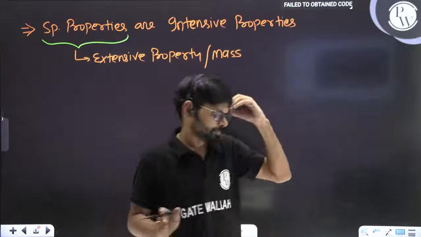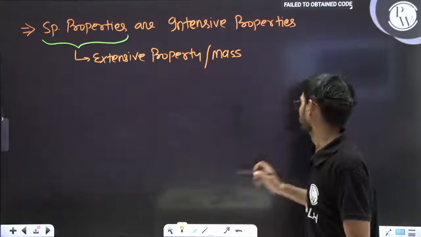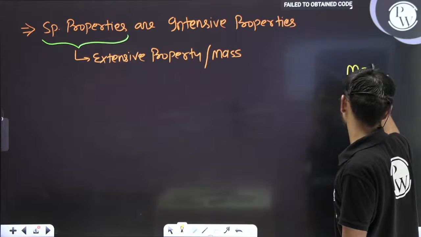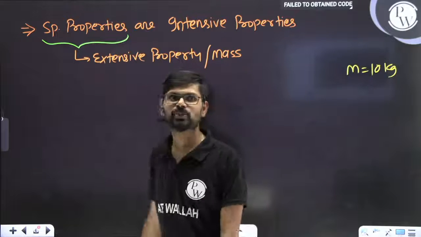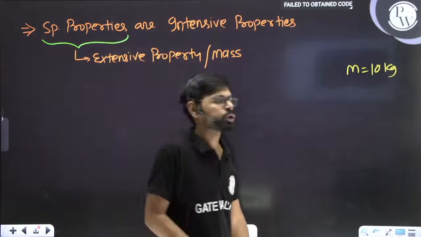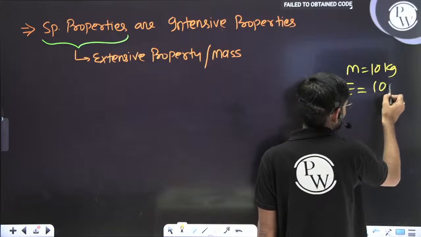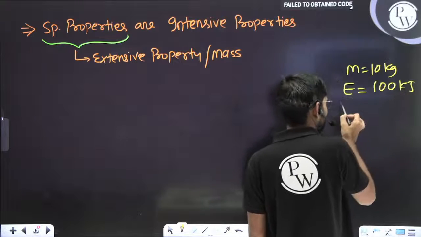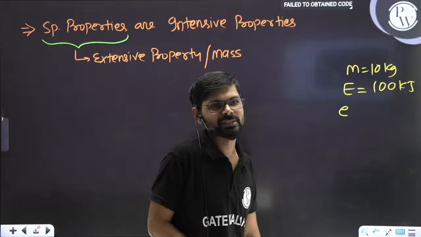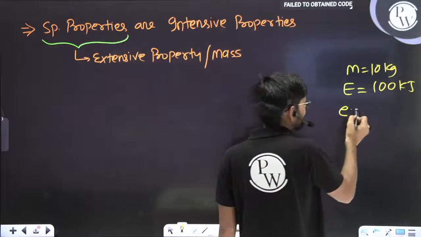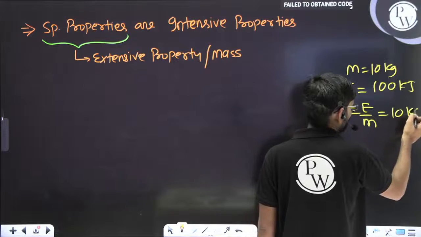For example, suppose you are sitting in one room where mass is given as 10 kg, and total energy is 100 kilojoule. If I calculate specific energy, small e, it will be E by m, which means 10 kilojoule per kg.